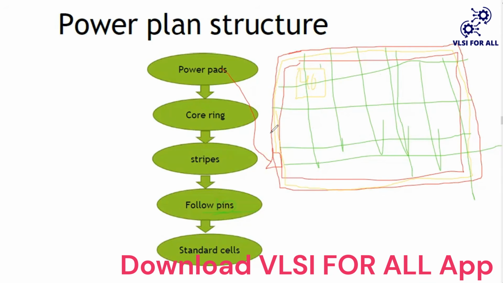Power mesh: we can draw the power mesh. If we draw a mesh, power will be distributed equally to all the standard cells as well as macros based on the pins.